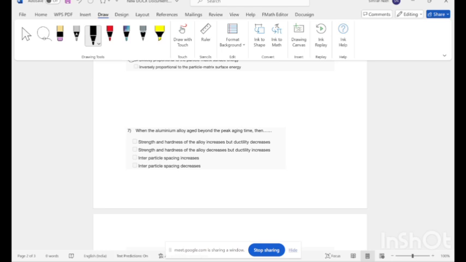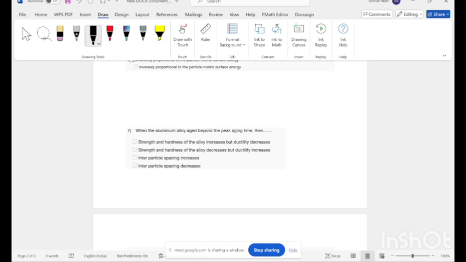First you tell what is peak aging, why we do peak aging. No, no. Peak aging refers to the peak hardness. Peak hardness is the maximum hardness. So hardness increases. If we age the aluminum alloy beyond the peak aging time, what will happen? I think ductility increases. Strength and hardness of the alloy decrease.